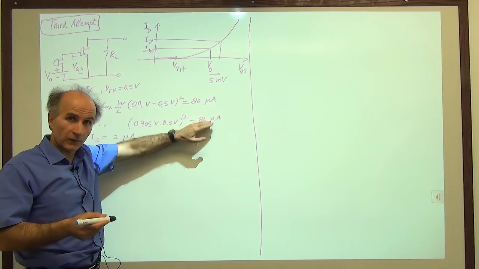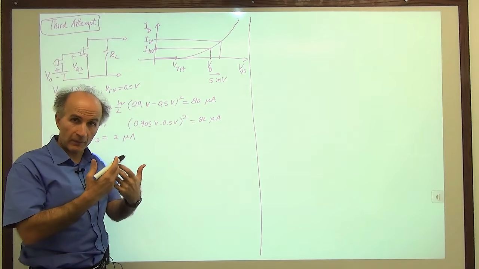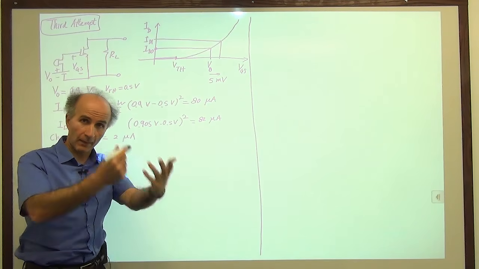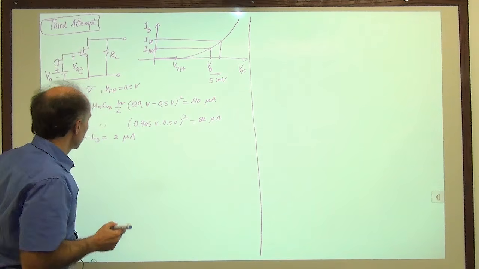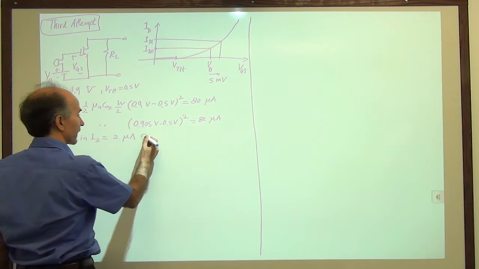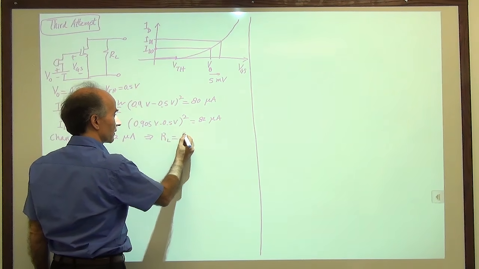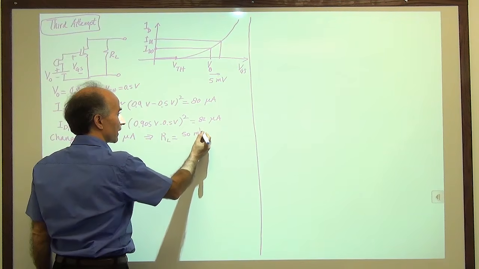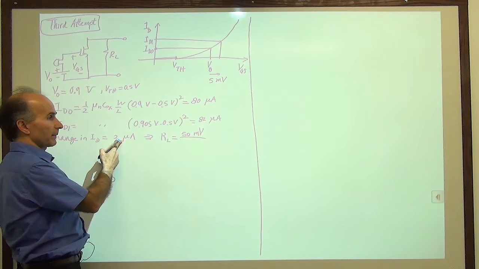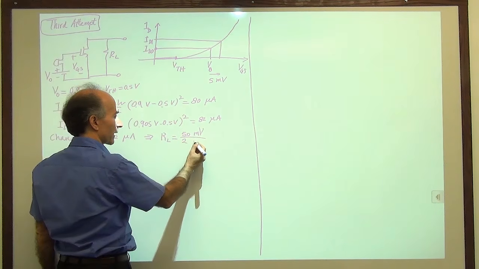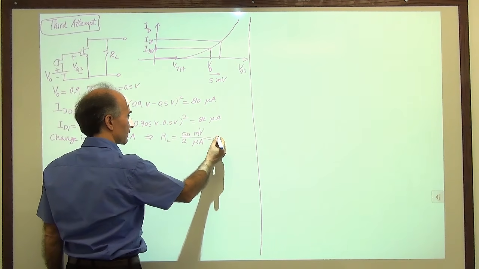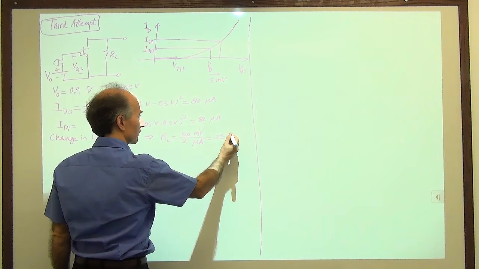This is with the signal. So the difference between these two indicates how much signal has come in and been amplified, right? Okay, so 2 microamps. And that means that if I want to obtain a 50 millivolt swing from these 2 microamps, I have to divide 50 millivolts by 2 microamps, and that gives me 25 kilo ohms.